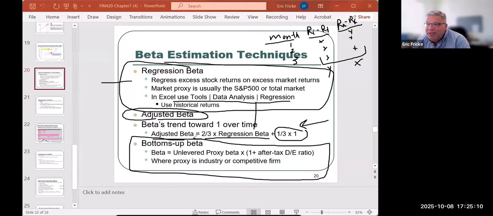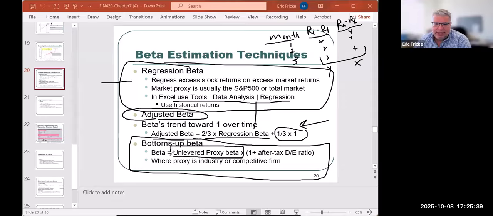But what if you have a private company that doesn't have stock? Where do you get the beta? What you can do is use the industry average for public companies and apply it to the company you're looking at that might be private. You can look that data up and then plug it in here.